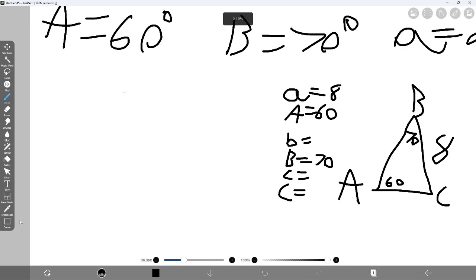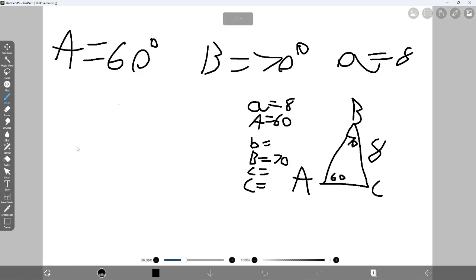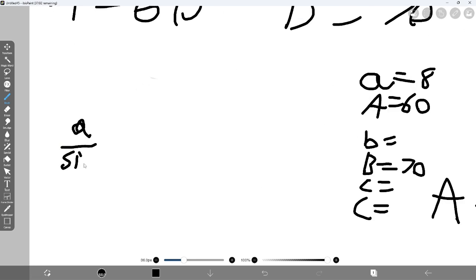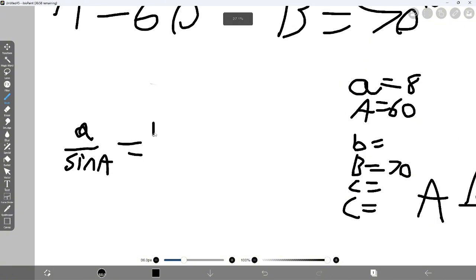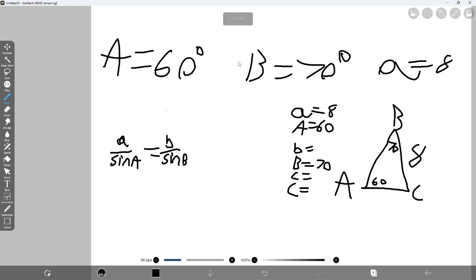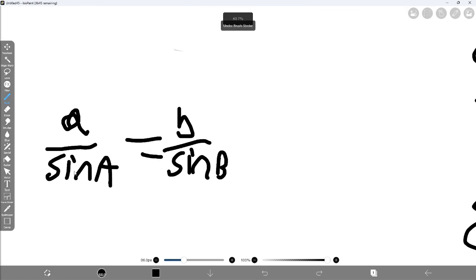So the first thing you want to do is, we have our problem: a over sine of A equals b over sine of big B. Now what you want to do is take these and plug them in. So it would look something like this.